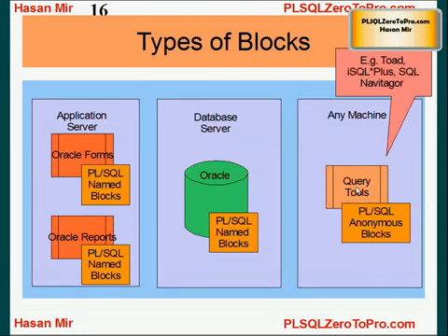Now you can write a quick PL SQL program without calling it anything, and Oracle can run it for you as a one-time run. That's called an anonymous block. You're not storing it in any Oracle product, you're just passing it as a one-time program to Oracle. You can store it in a notepad file or anything, for all Oracle cares, but Oracle is not storing that program for you. It's a one-time instruction, so it's called an anonymous PL SQL block.